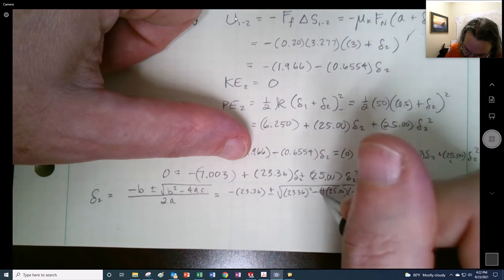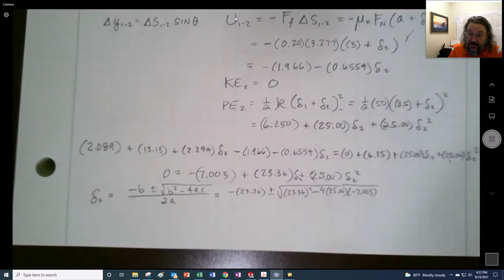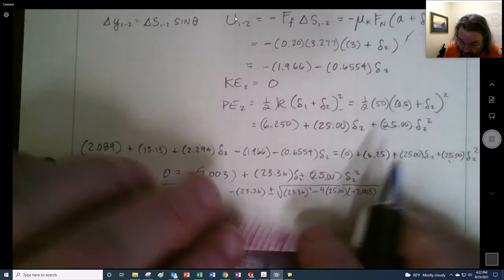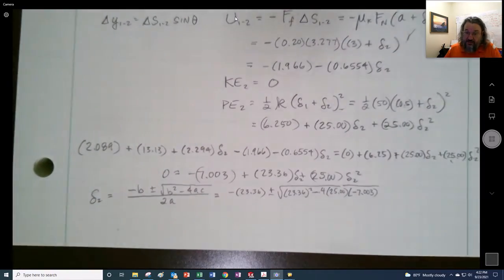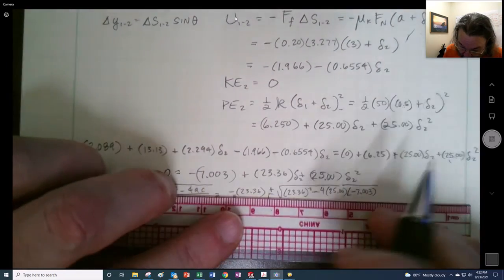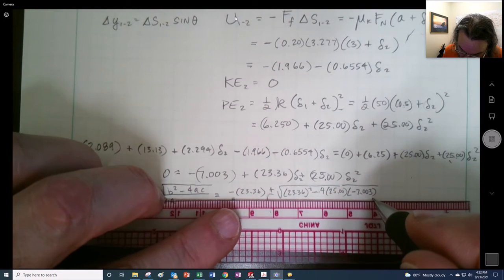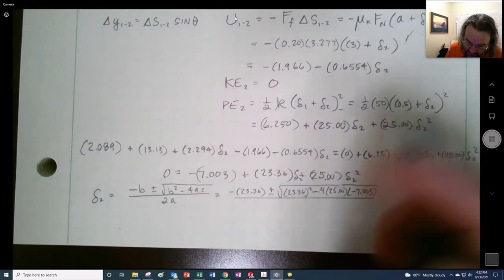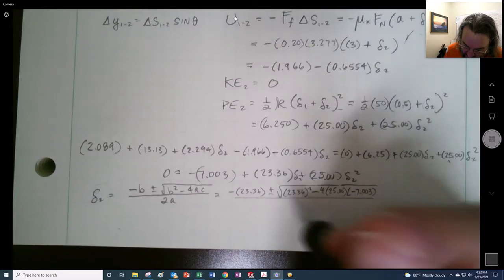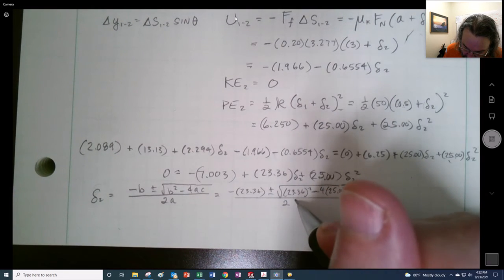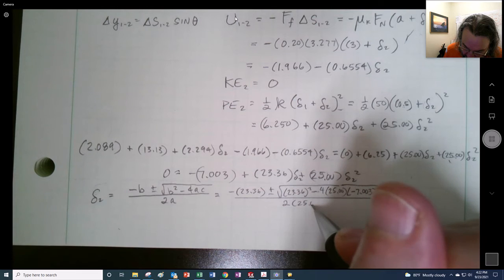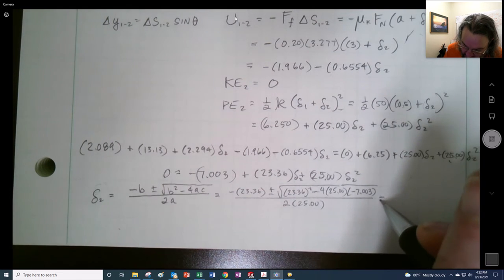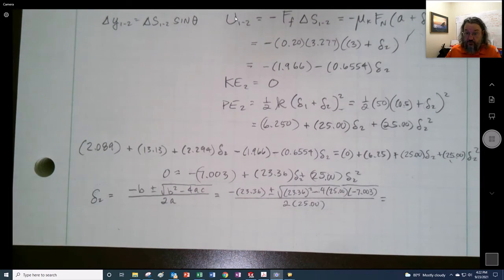Now that's good. We had the negative and the negative. It's going to make a positive underneath the square root. So that makes life good because we don't have to worry about this becoming an imaginary number, or a complex number, I guess you would say. This part of it would be imaginary. And I have 2 and 25.00. So let's figure out the roots of this.